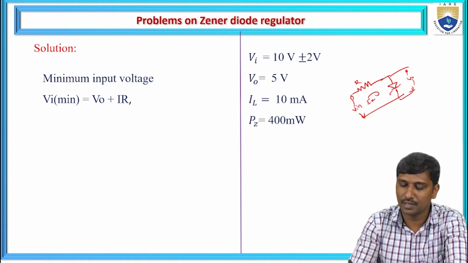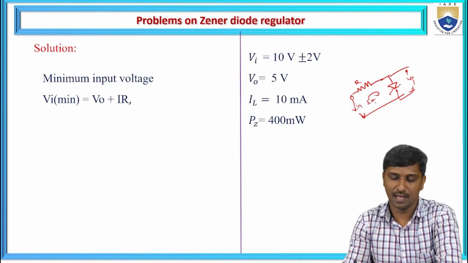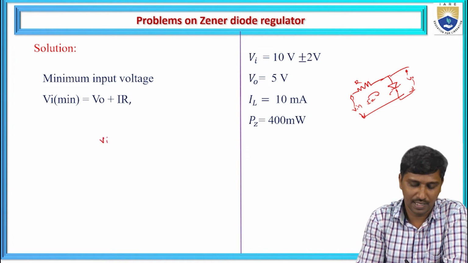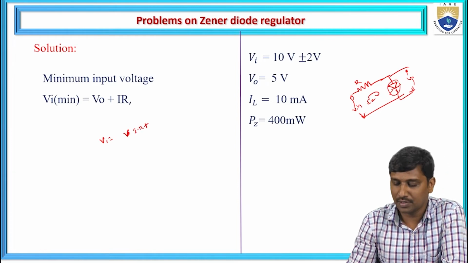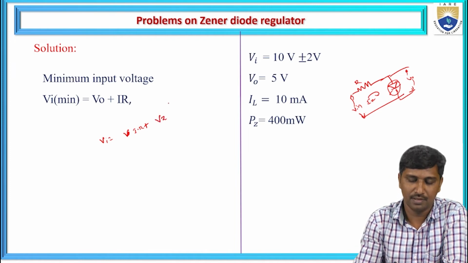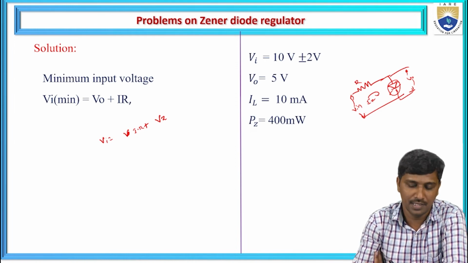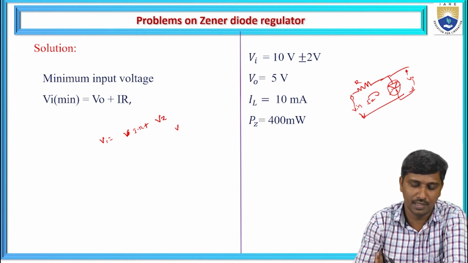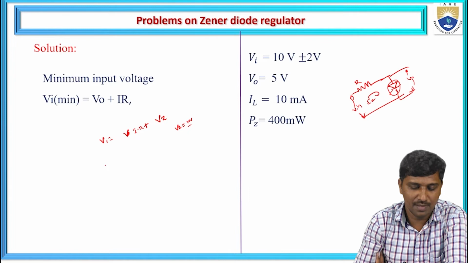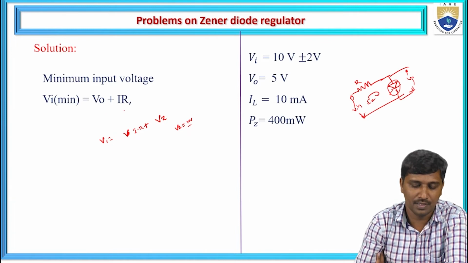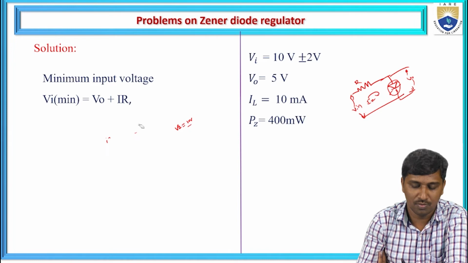If current is flowing across this resistance R, we write Vi equal to the voltage drop across the resistance, I into R, along with the voltage across the Zener diode, VZ. From the given shunt Zener voltage regulator, we know that VZ is approximately equal to the output voltage V0. So hence Vi minimum is represented as V0 plus IR.